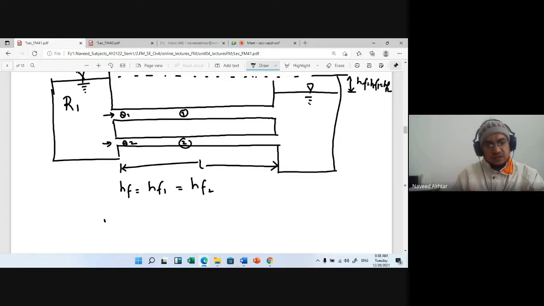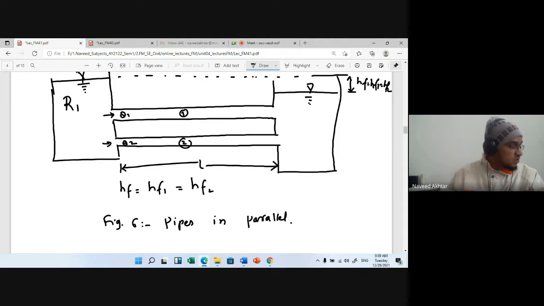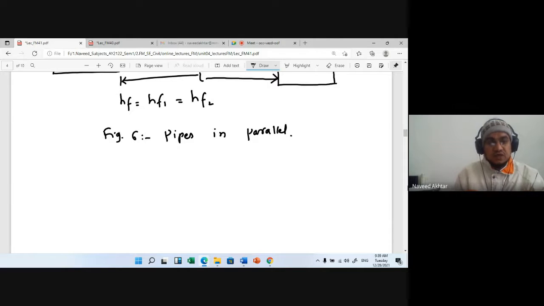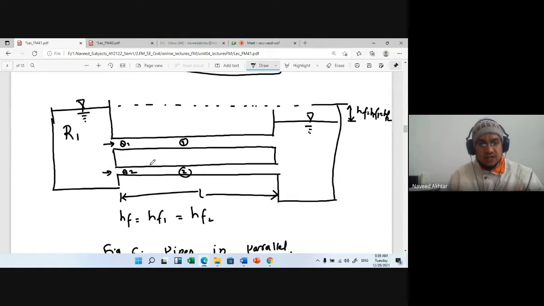So this figure number 6 is pipes in parallel. When the pipes are parallel, then your discharge Q is equal to Q1 plus Q2. Two different pipes are parallel, so their discharge will be different. They are not the same.